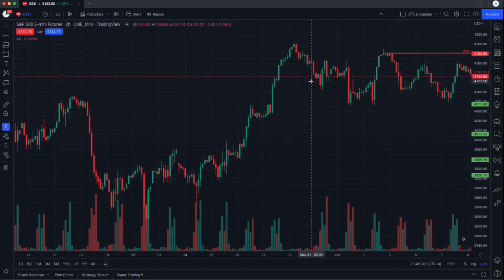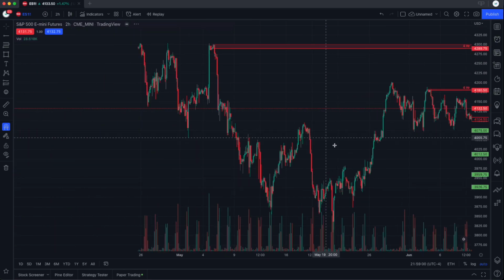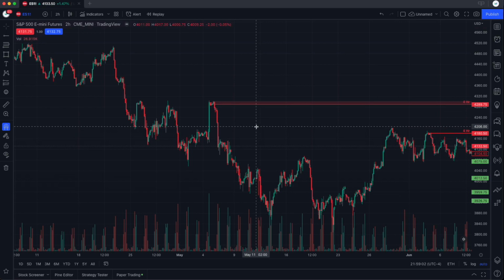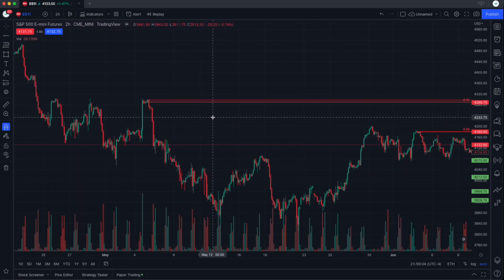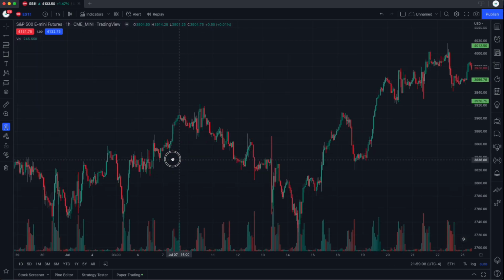Is that another supply zone? Potentially. Yeah, but I'm not gonna map that one. It's too close to the other one. Anything in between? No. Okay, let's go down to the 1-hour.